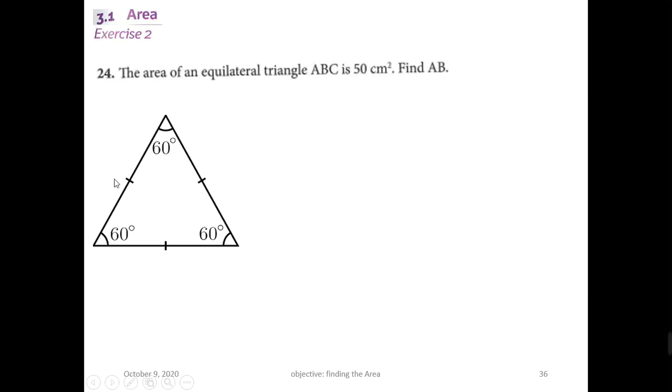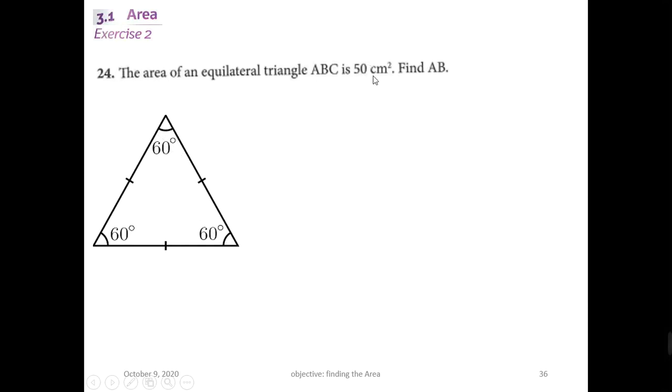So if we call this N, this one is going to be N, and this one is going to be N. And in an equilateral triangle, all angles are equal. The sum of angles in a triangle is 180, so 180 divided by 3, each angle is 60.